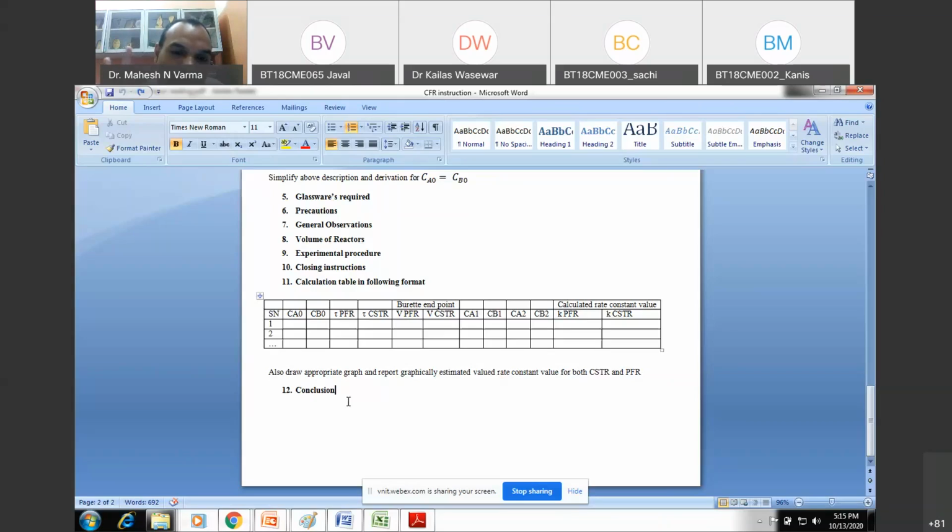You need to give the sample calculation for at least 3 readings, and you fix them: serial numbers 5, 10 and 15. So add one more point to the calculation table, sample calculation. You need to give the sample calculation for 3 readings. The remaining you can fill up and submit.